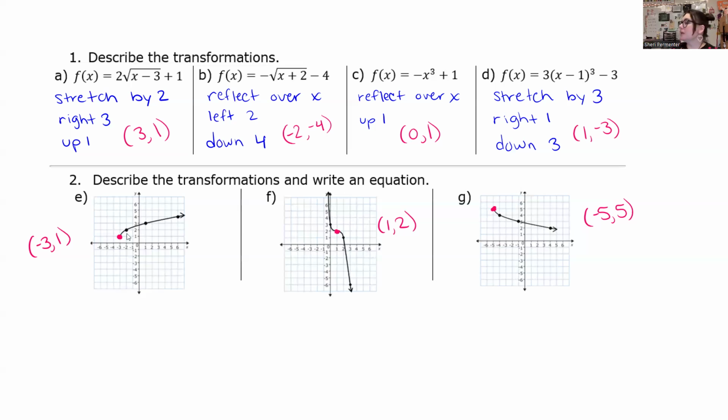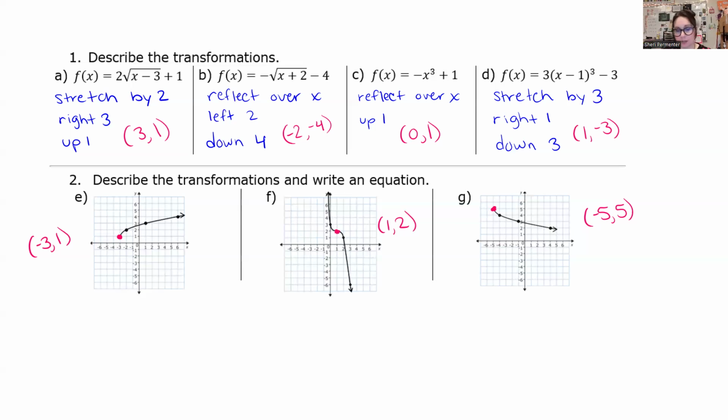Next, what we need to identify is if there's any kind of reflection. Reflections happen if, reading our graph from left to right, your graph is pointing down. The first graph looks to me like it's pointing up. It's positive. The second graph, from my center point, points down. So it's important that we identify that it's reflected.